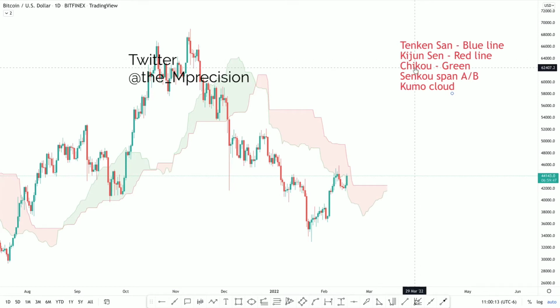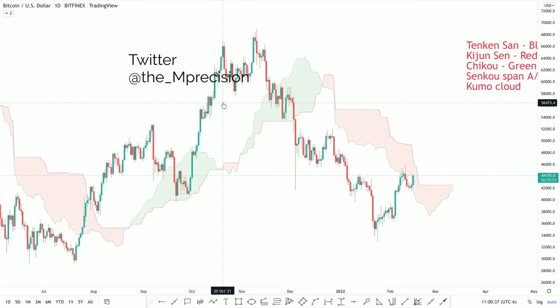Then you have Chikou. Chikou traces the strength of the trend, and it always appears 26 candles behind the current price. Then comes Senkou span. These are the red and the green lines, span A and span B, and the Kumo cloud. You're seeing the cloud here.